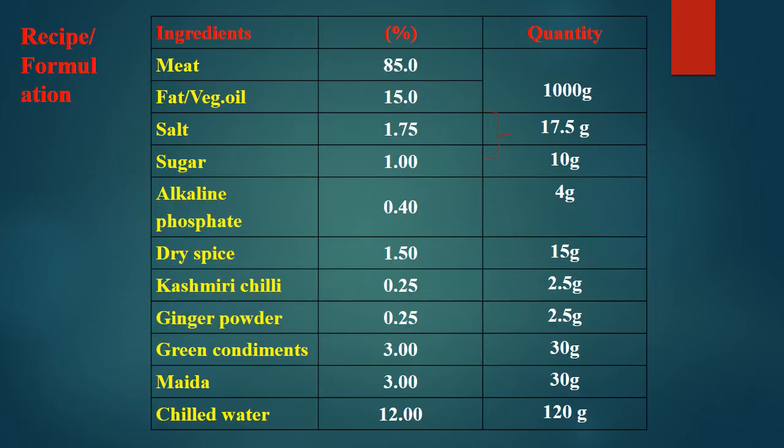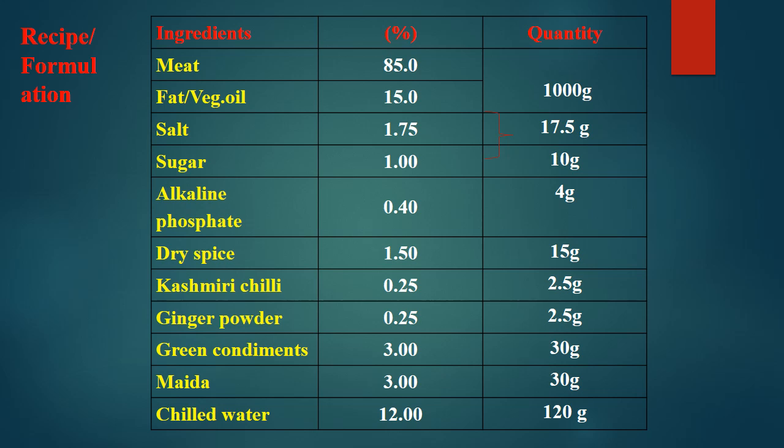First, let us see the recipe or formulation. In this table, we can see the common formulation for most of the comminuted meat products like sausages, nuggets, patties or balls. But this recipe will be partially modified for different products and as per other necessities.